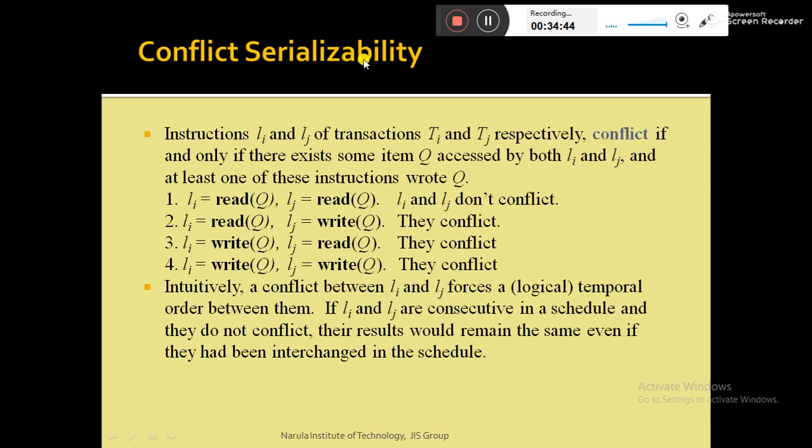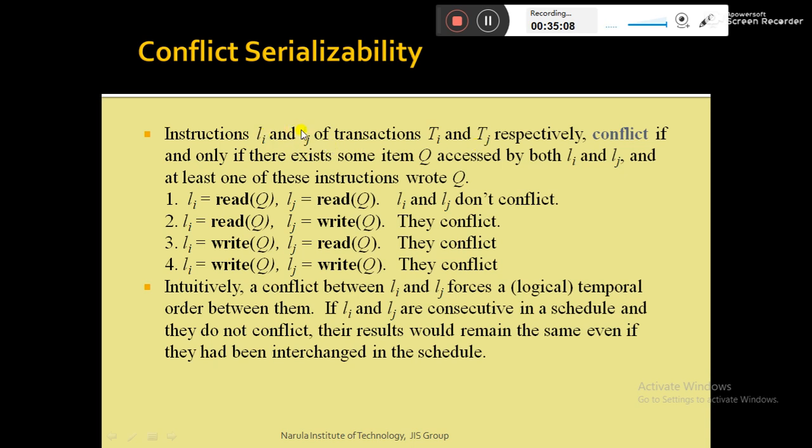Now the question is, how can we convert a concurrent schedule to a corresponding serial schedule? For that we have to consider some concepts. The first thing is, suppose there are instructions li and lj, where li belongs to transaction ti and lj belongs to transaction tj respectively.